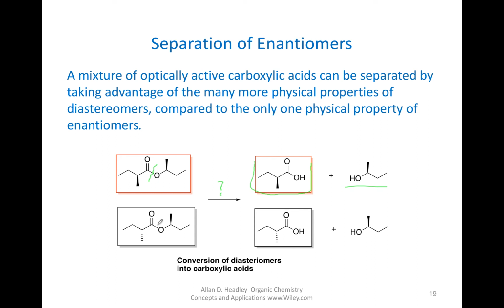We have now separated out our enantiomers into two vessels. So that's one method of separating enantiomers, by converting them to diastereomers, taking advantage of the different properties of diastereomers, and converting them back to enantiomers.